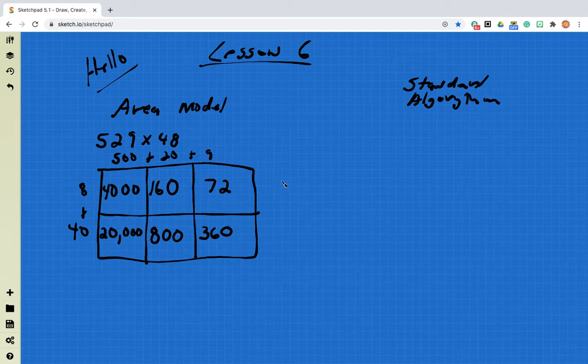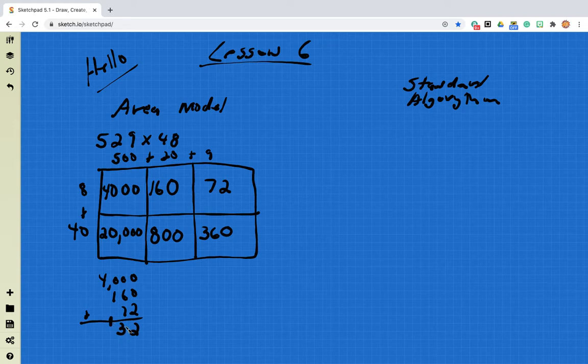Now if we go ahead and add those up, we get, let me come down here, 4,160 and 72. I'm keeping everything nice and lined up. 0 plus 0 plus 2 is 2. 7 plus 6 is 13, plus 0 is 13. So that's 13 tens, right? So 13 tens, I got a 3 in the tens place. The 1 goes in the hundreds place, doesn't it?